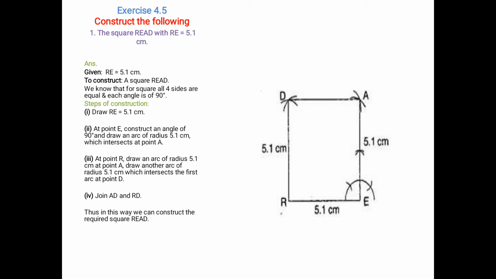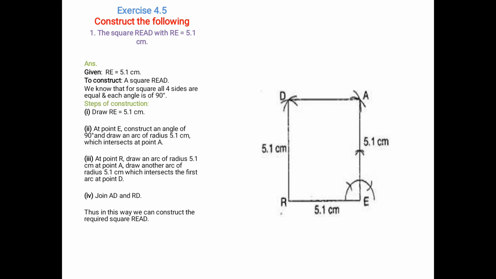Well, here we are supposed to construct a square READ, and for a square we know that all 4 sides are equal and each angle is 90 degrees. Here as RE is equal to 5.1 cm, we can say that EA equals AD equals DR equals 5.1 cm, as all sides of a square are equal.